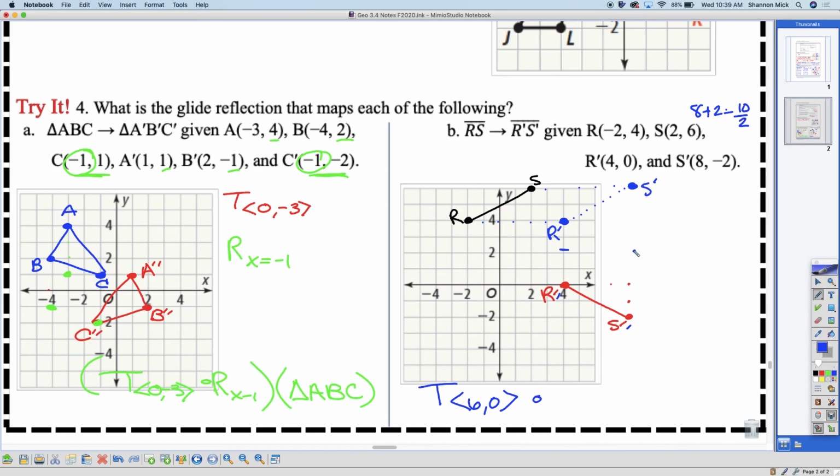Oh, I did 8. That should be a 6. For some reason I put 6 up at 8. It's 6 minus -2, so that'd be 8, and 8 divided by 2 is 4. So if I go down 4, I end up where? At 2 again. So my line of reflection is at 2.